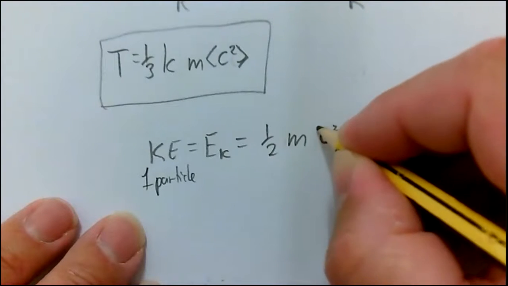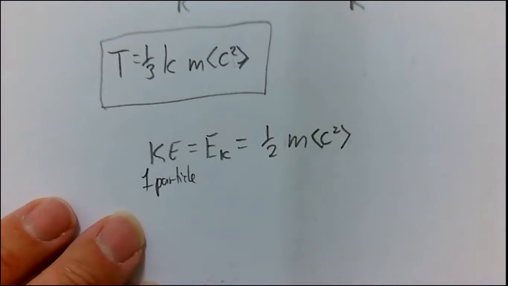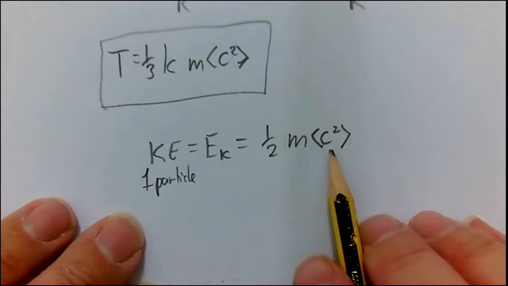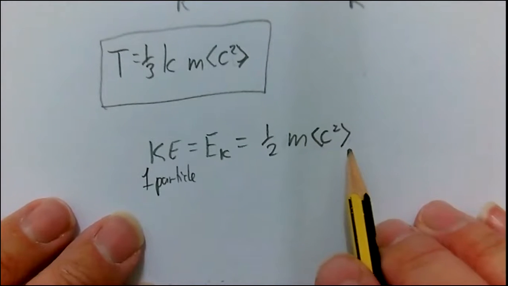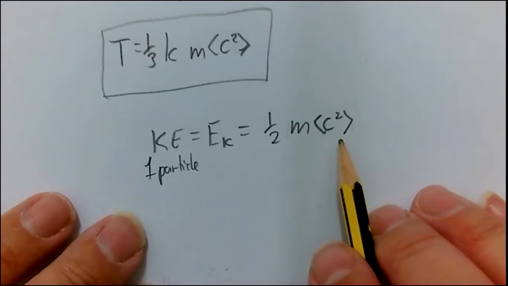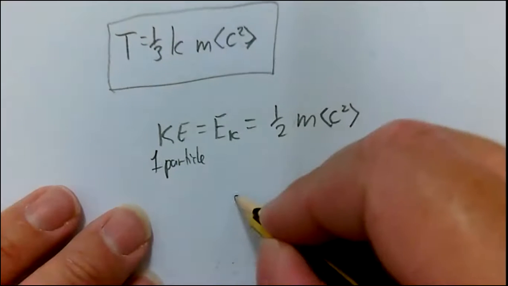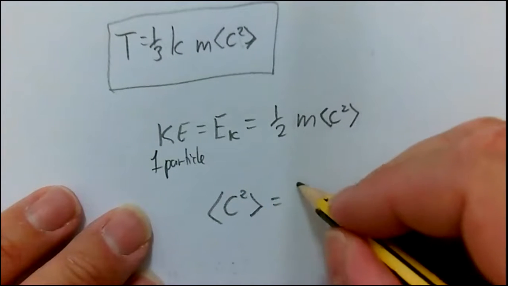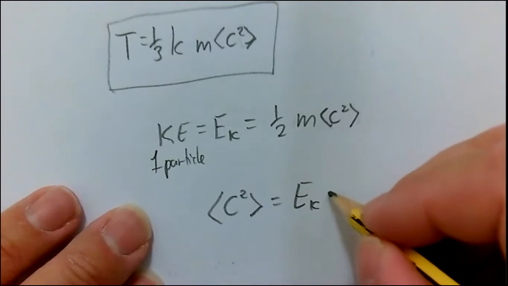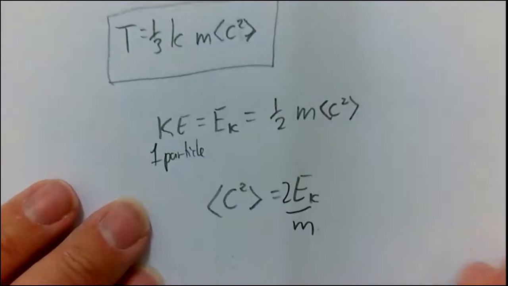And because it's a mean square speed, it's the average kinetic energy of the particle, so we use the mean square speed to actually get that. And that's why we use the mean square speed, to give us an indication as to how fast particles are moving. So a classic example would then be to work out what c squared is, what the mean square speed is, from rearranging that. Well, it's the kinetic energy times 2, because we divide it by half, over m.